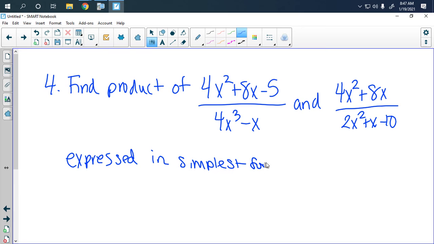So hopefully you're thinking product means multiplication. So go ahead and try this one on your own, finding the product of those two. Think: it's an expression, there's no equal sign. Multiplication of fractions, think factor, cancel.